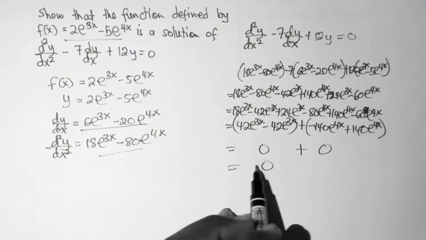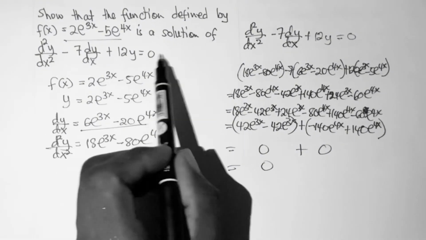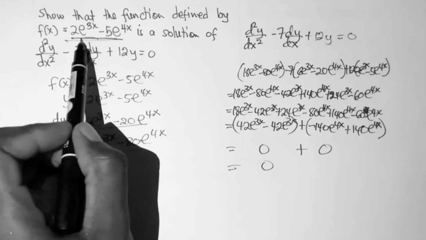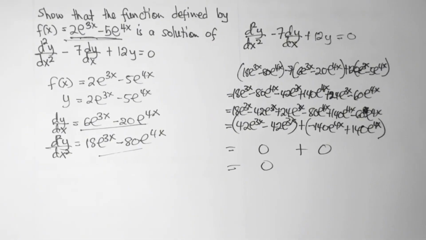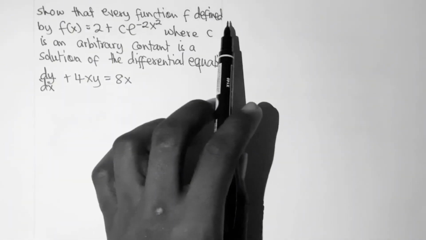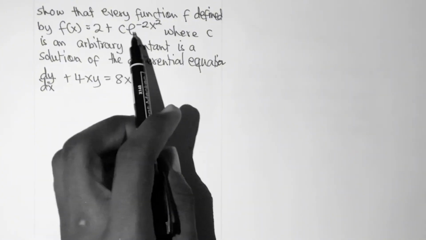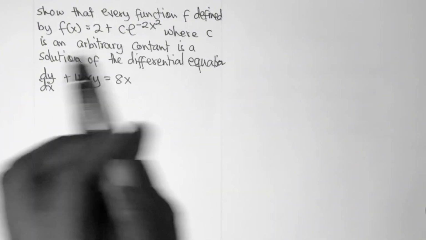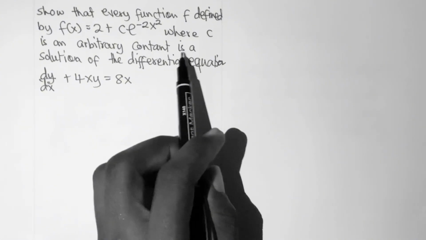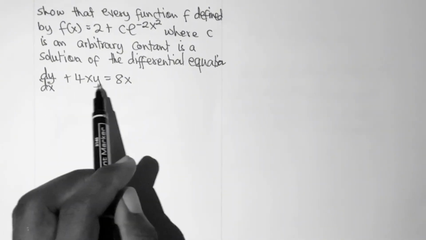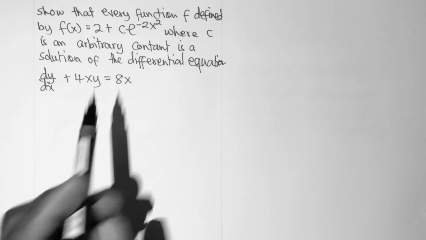And therefore, since this satisfies this equation, it means that f of x is a true solution of this differential equation. So that every function f defined by f of x equals 2 plus c e^(-2x²), where c is an arbitrary constant, is a solution of the differential equation dy/dx plus 4xy is equal to 8x.